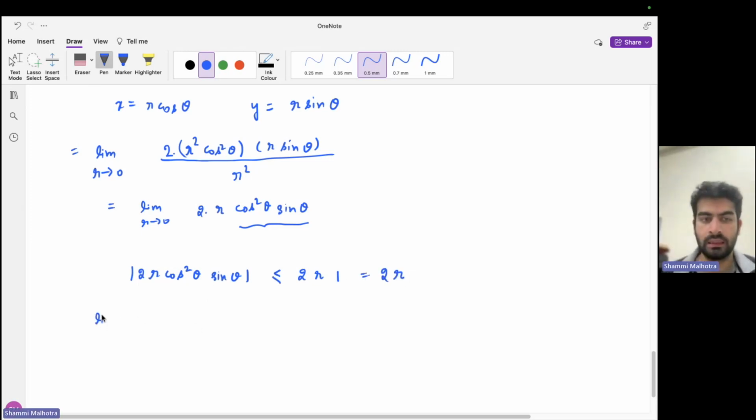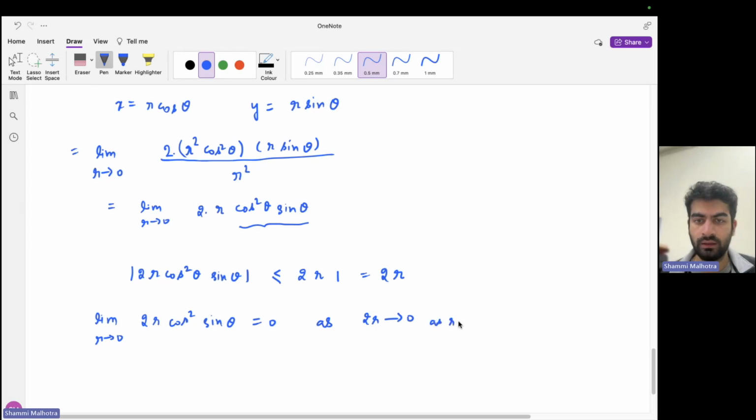As r tends towards 0, I can use the squeeze theorem, or the comparison principle, to conclude that this limit is 0, as 2r tends to 0 as r tends towards 0.